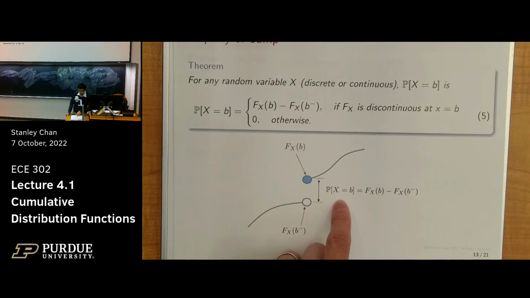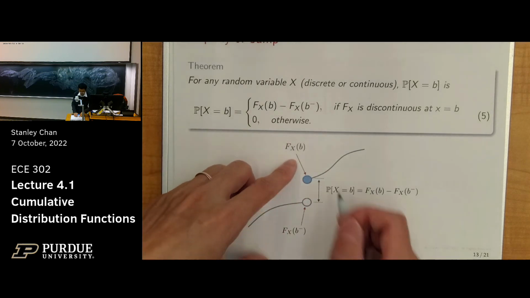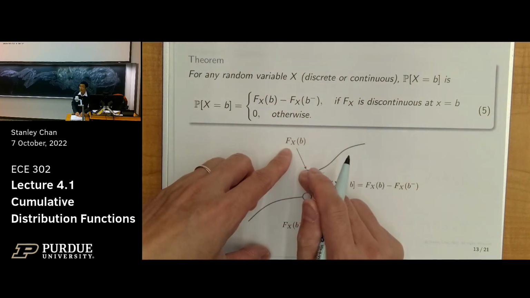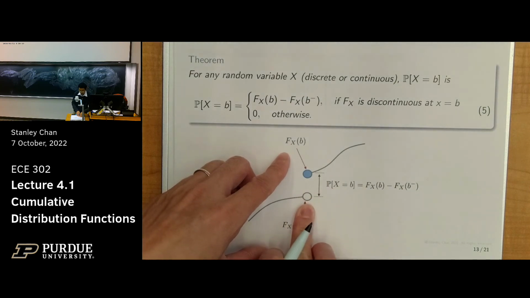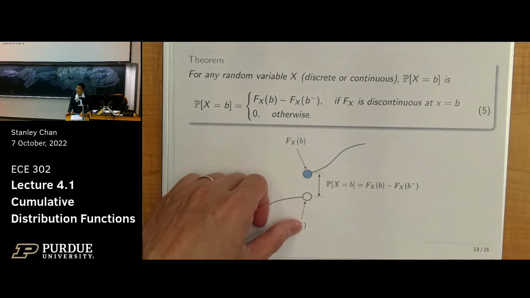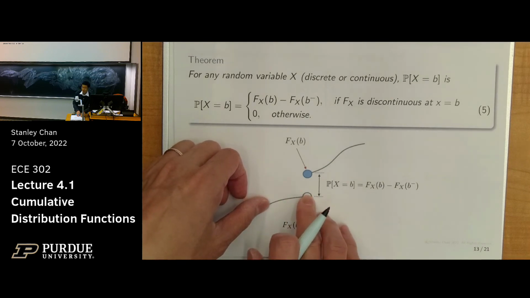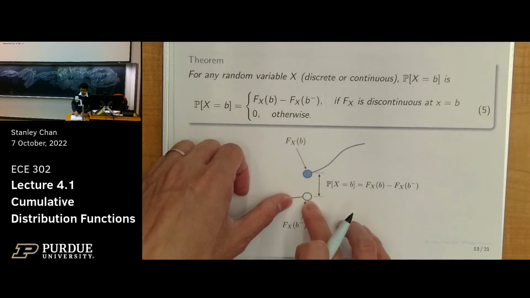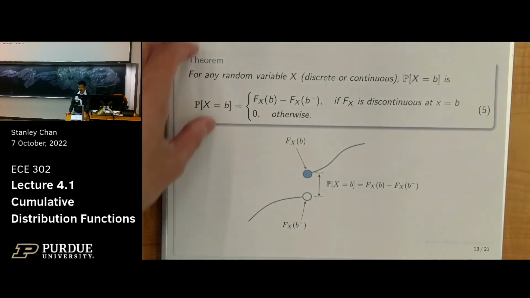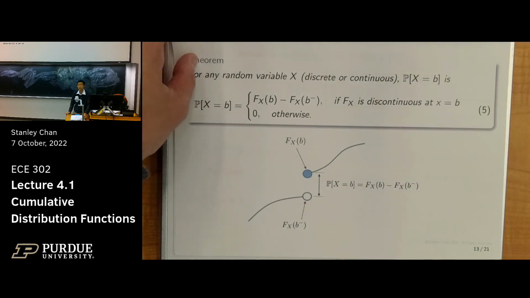And this probability is evaluated as the difference between the solid dot and the empty dot. The empty dot is found by the limit. You start with this curve, and then you set the limit going to 0. Then you can find this empty dot. You calculate this difference, and you can find the height of the jump.